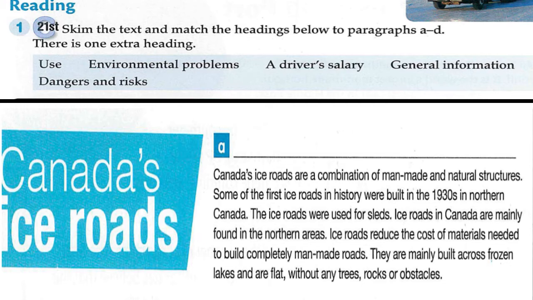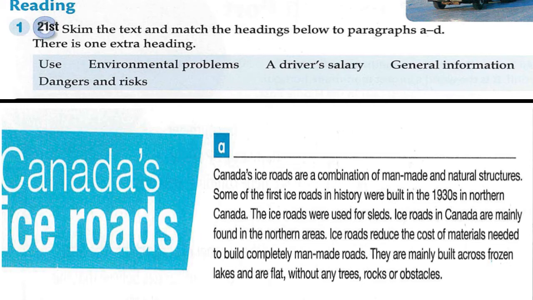The ice roads were used for sleds. Ice roads in Canada are mainly found in the northern areas. Ice roads reduce the cost of materials needed to build completely man-made roads. They are mainly built across frozen lakes and are flat, without any trees, rocks, or obstacles.